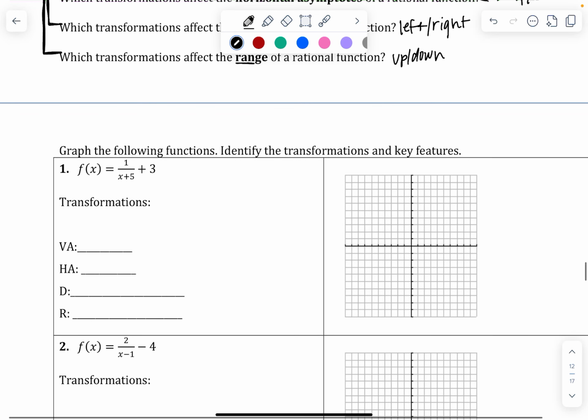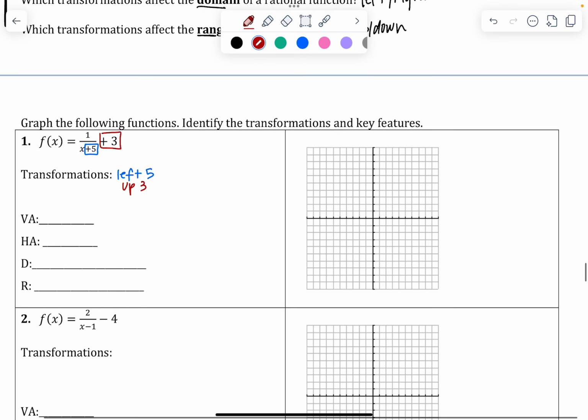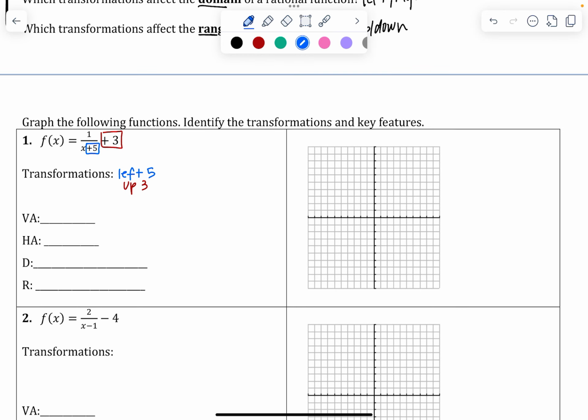Okay, and so the first thing I want to do is list the transformations. And so my transformations here, I have a +5 next to the x, so that's going to be your left 5. And then I have a +3 outside the fraction, that's going to be the up 3. And so that means the vertical asymptote is going to move to the left 5 units.